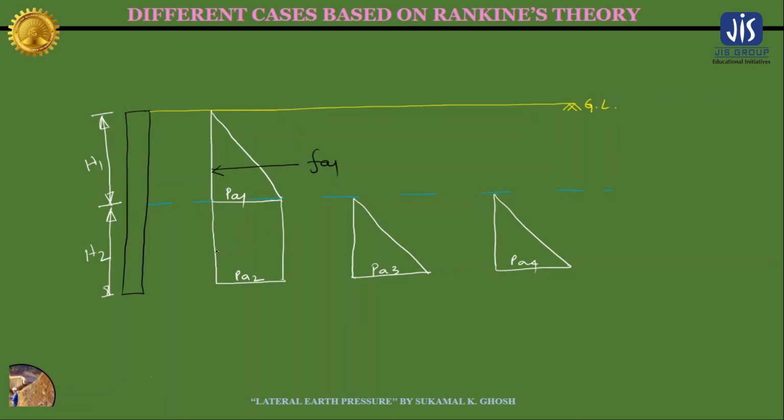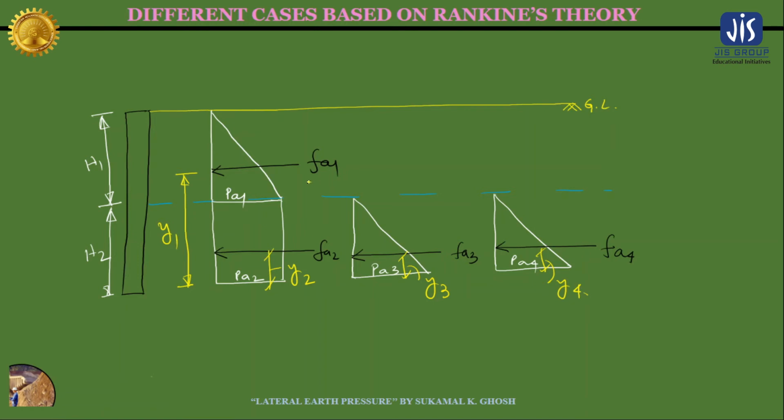For this particular distribution diagram, it will act here, that is FA2. It will act here, that is FA3, and it will also act here, that is FA4, okay. So this particular depth is, suppose, y1, okay. This depth is y2, this depth is y3, and this depth is y4, okay.